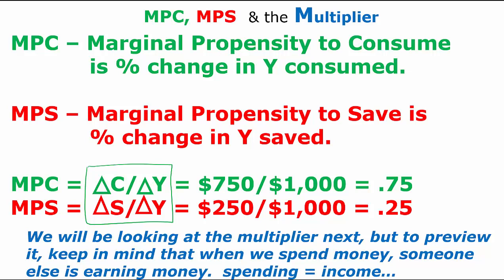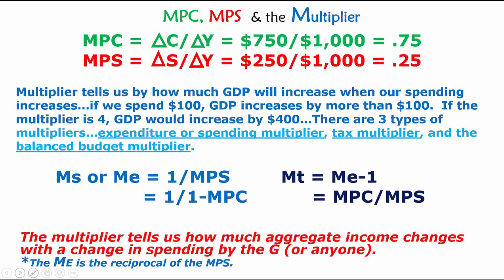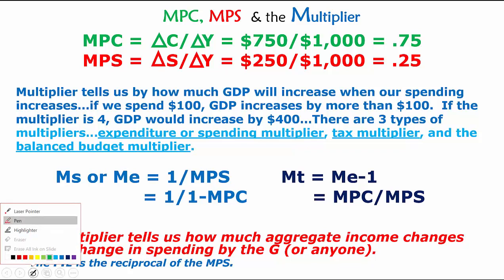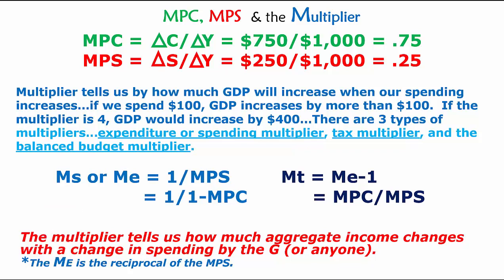Now, on the next slide, we're going to look at the multiplier. All right? Now, I want you to read what is written there so that it makes sense. Okay? So, I put my two examples from the last slide up here, and I want to make sure that I highlight exactly what's going on here.